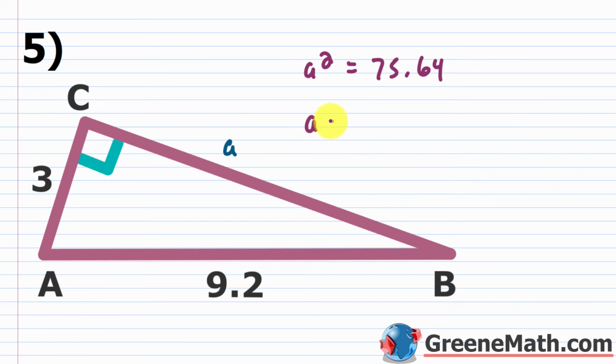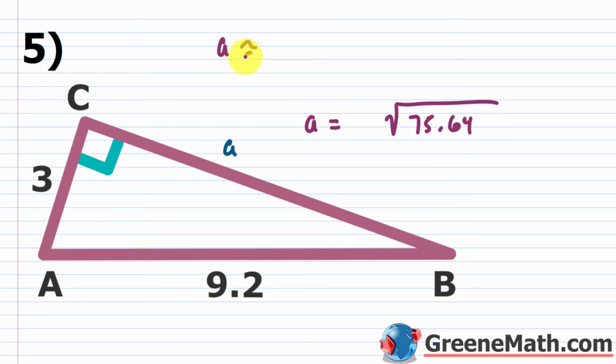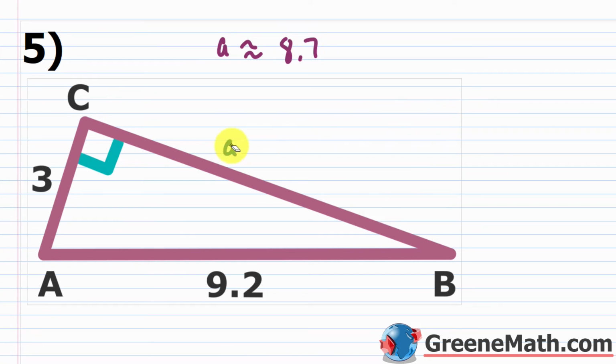And I'll say that a is equal to plus or minus the square root of 75.64. A is the length of this side here, so we don't need a negative square root. You can throw that away. This is something you're definitely going to want to approximate. So I'll just say that a is approximately, let's go 8.7 if we're rounding to the nearest tenth. So 8.7. Let me get rid of this, and I'll just write that here. So this is about 8.7.